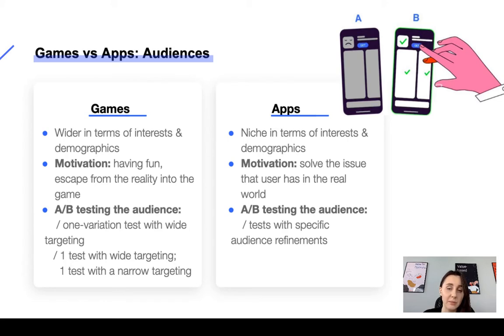When it comes to games, their audience is most commonly wider in comparison to apps. The reason why people download games comes down to mainly one motivation: the fun of playing, the immersive experience that can help kill time or distract from reality.